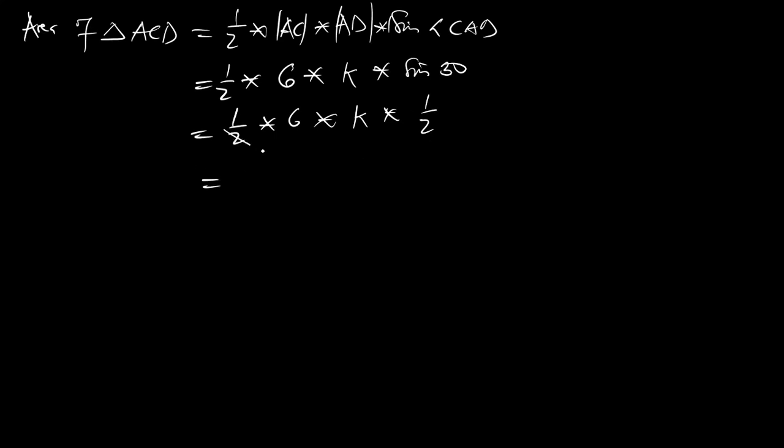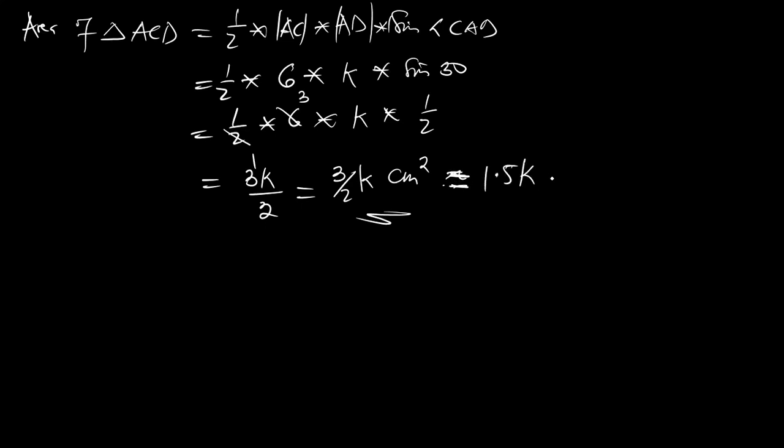So 2 divided by itself is 1, and 2 divided into 6 is 3. So we now have 3k all over 2. So this is 3 over 2k centimeters square, which can also be written in another form as 1.5k centimeters square. So that is the area of triangle ACD.